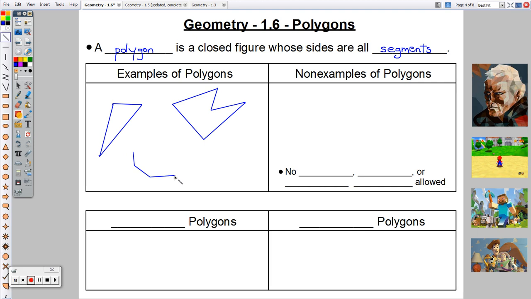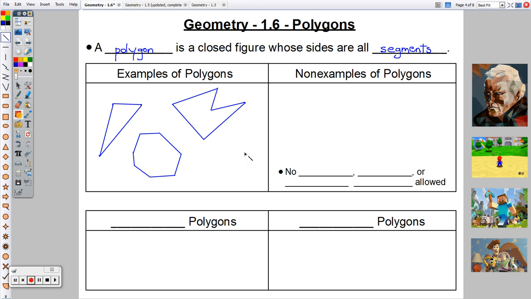So I just want to make this as precise looking as I can. Okay, so that would be an example of a polygon. And again, yours don't have to look exactly like mine, as long as they are closed figures like this with no overlapping parts and no intersecting parts where one carries over the other side. No curved parts either.